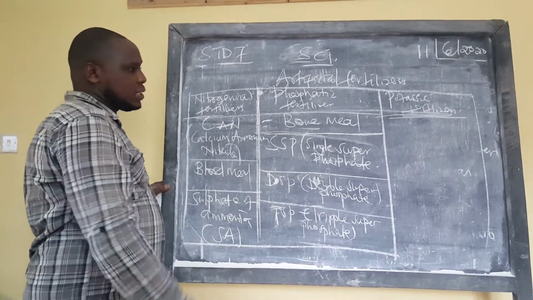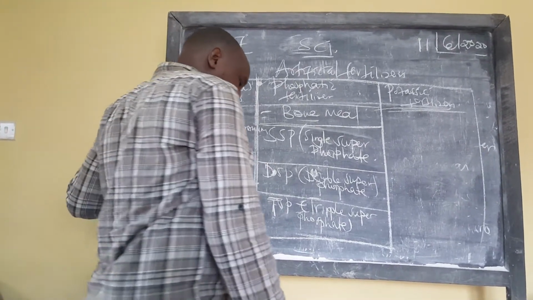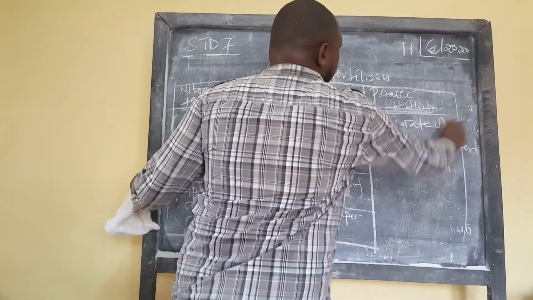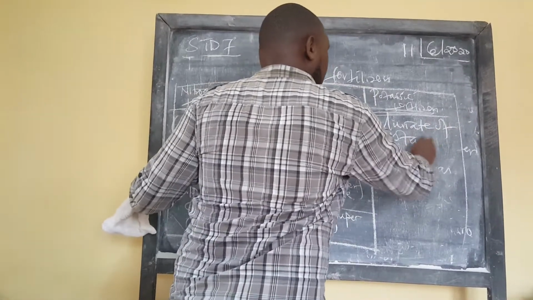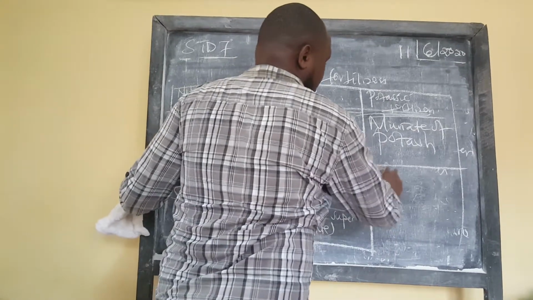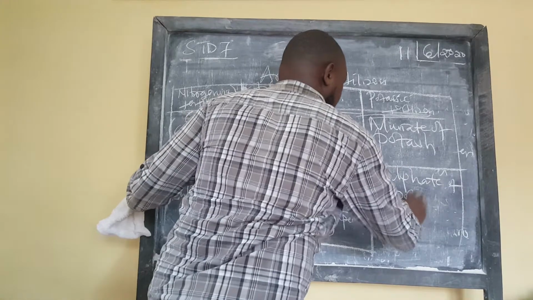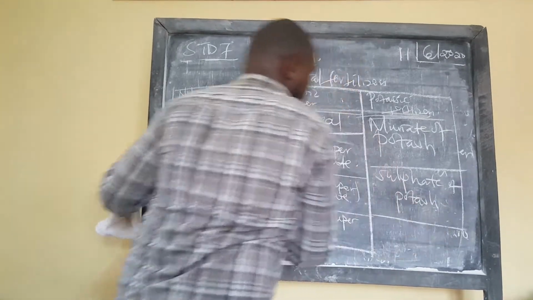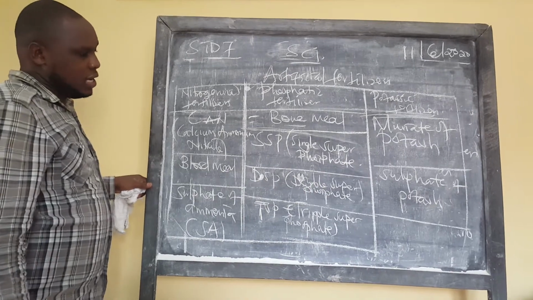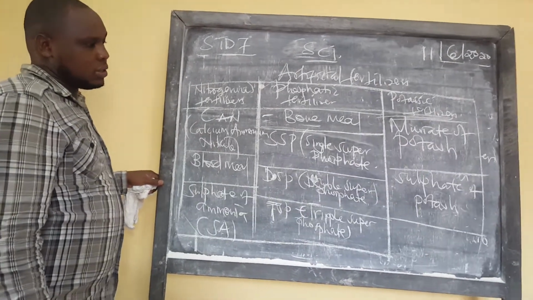Then we go to the last category of straight fertilizers, the potassic fertilizers. There are only 2: muriate of potash, and the last one is sulfate of potash.